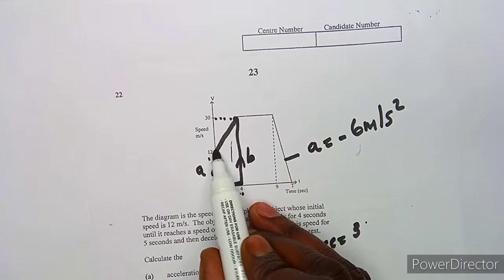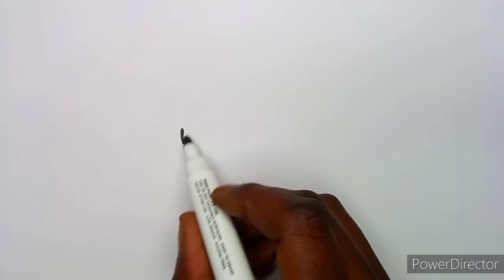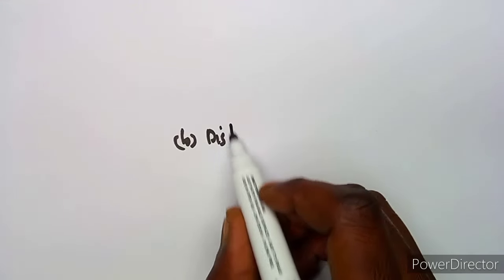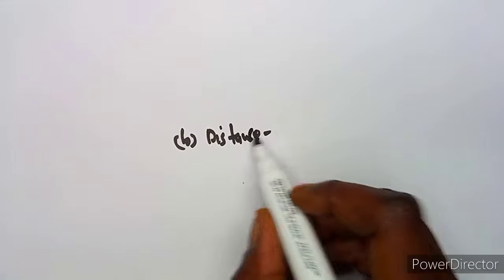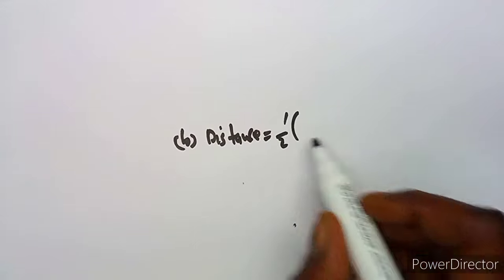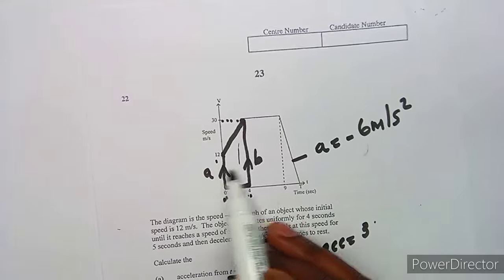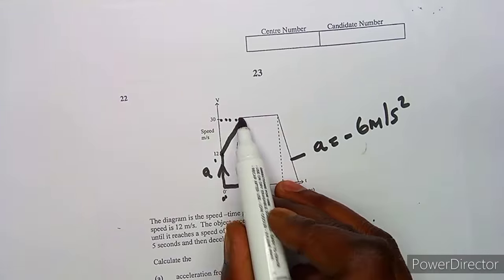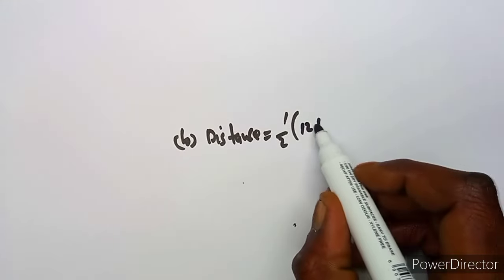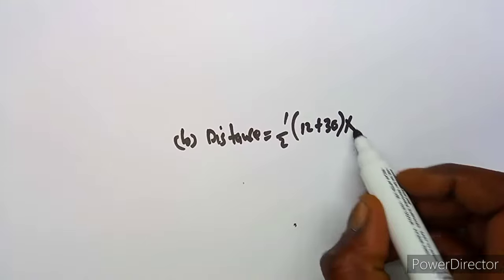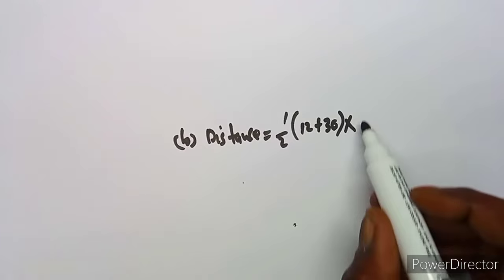So you're going to add 12 and 30 as your parallel sides. So our distance in this case is going to be half of a plus b, which is 12 plus 30, times the height. The height, definitely, is the difference between 0 and 4, which is 4.